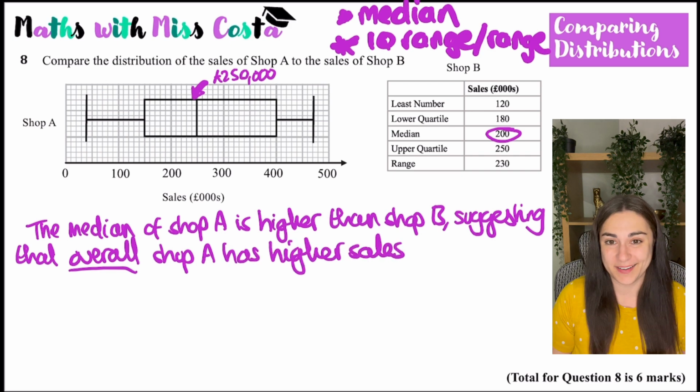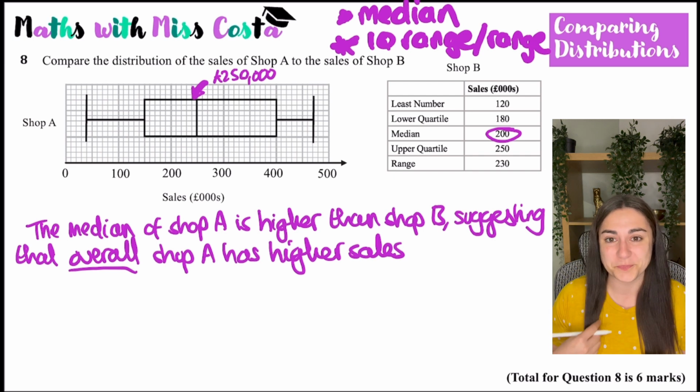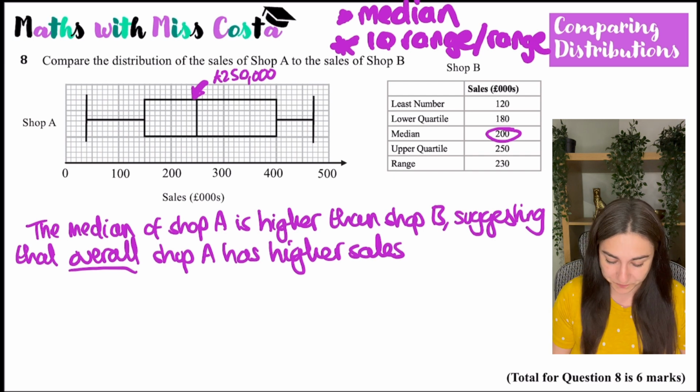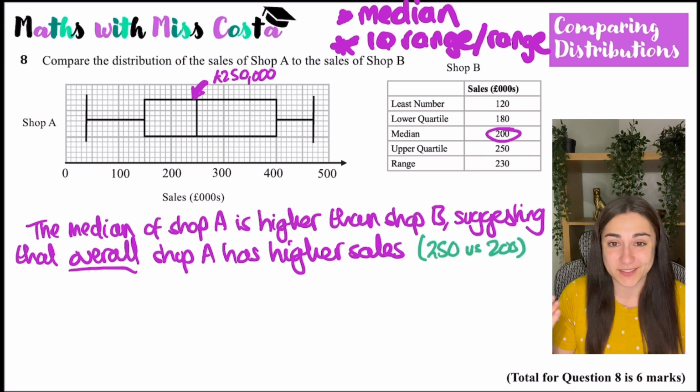So the higher the median, the higher the overall. We use the median to say what's happening overall. And then you could put your values, but just be very careful. So 250 versus 200, because if you put the wrong values, you actually can't get the mark.